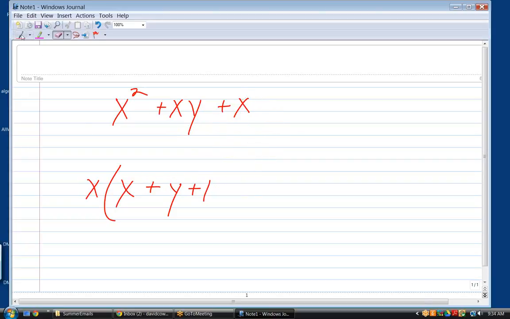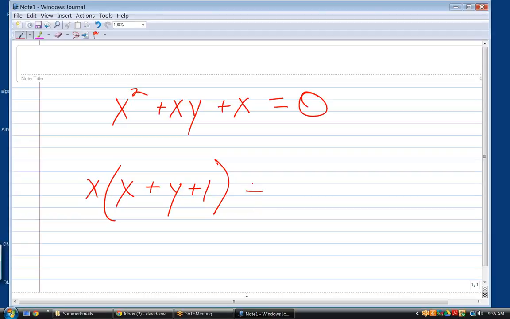Now, before you go further, make sure that you have what you started with. In other words, we're never changing anything when we factor stuff out, because all we're doing is changing it to, I'm now multiplying this entity x by this entity x plus y plus 1. And the advantage of factoring is, if I say that's equal to 0, I have no way to solve it.